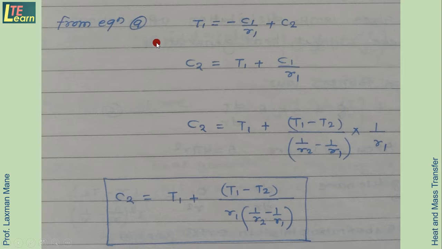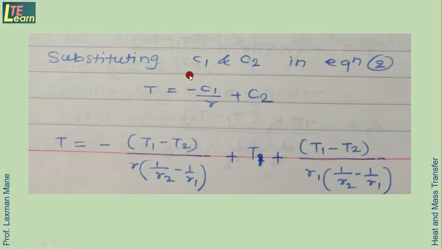Now from equation A, we write the equation in the form of C2, because we want to place the C1 expression here, which we already got, and then we get C2 is equal to this equation. Then substituting the expressions of C1 and C2 in equation 2.